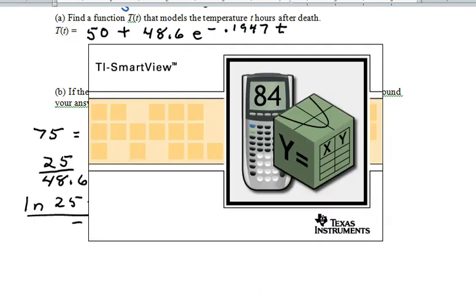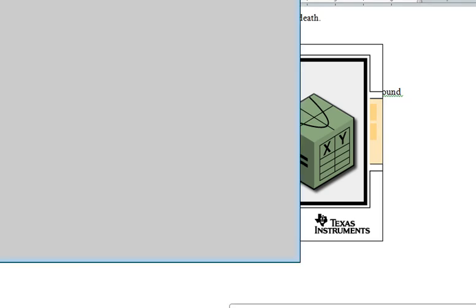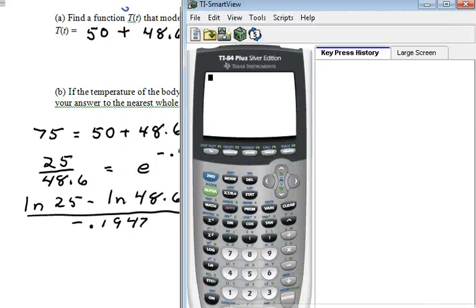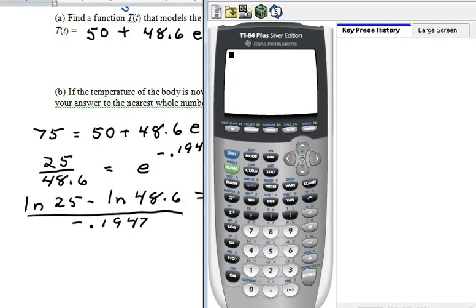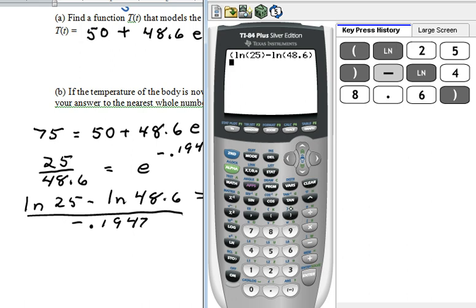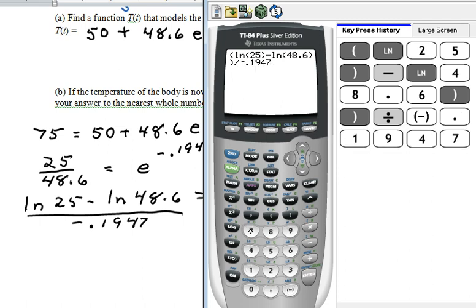Now we will get the approximate value for t by keying in, first of all, an open parenthesis, natural log of 25, close the parenthesis for the log, subtract natural log of 48.6, close the parenthesis for that log, close the parenthesis for the numerator, divide by negative 0.1947.